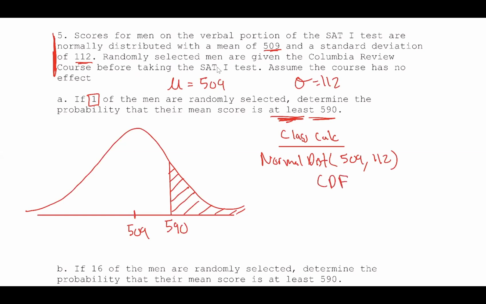So if you do CDF, this should pop up into ClassCalc. If you look, my lower bound is over here, your upper bound is over here. So for lower bound, you put 590, upper bound, you put infinity. So I'm going to go ahead and transfer over to ClassCalc.